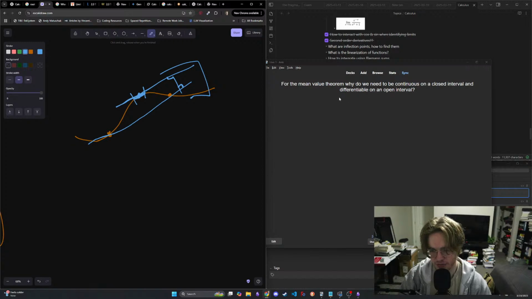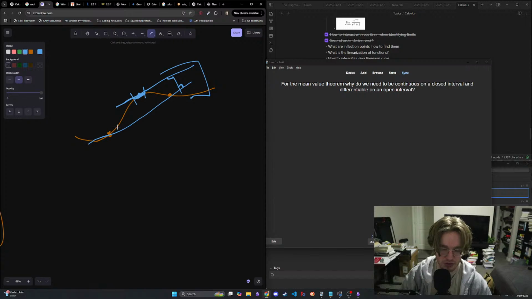And then differentiable. I'm not 100% certain, but we need it continuous such that the input and output are there.